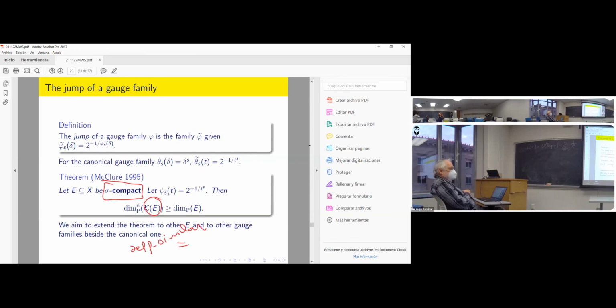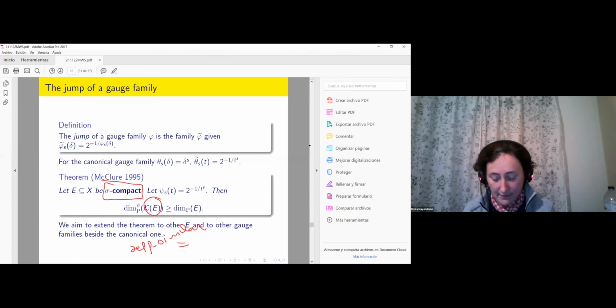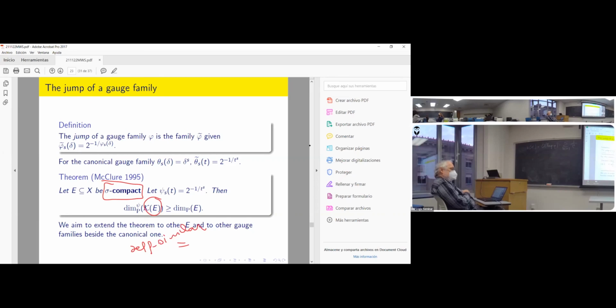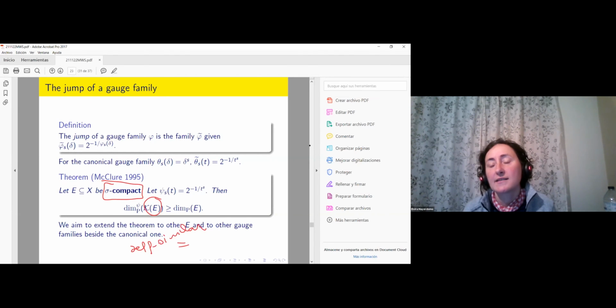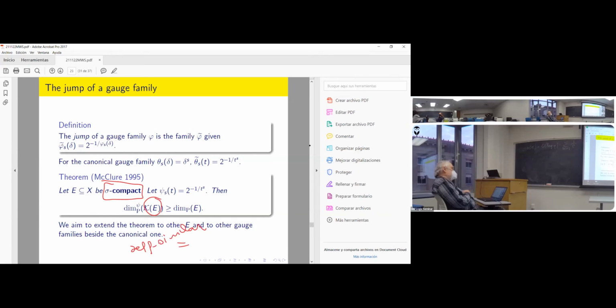Is that the largest class that you know of where equality holds? Largest, maybe. It depends. Compact self-similar sets could be the largest that we know.